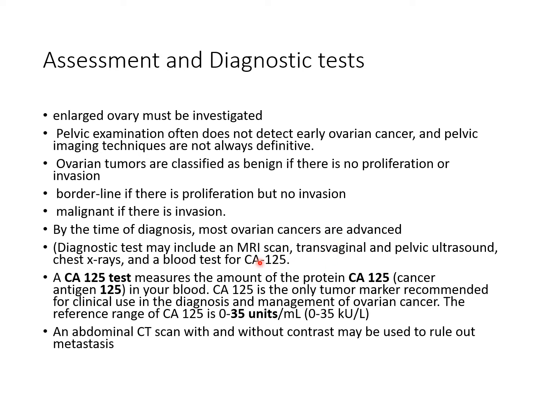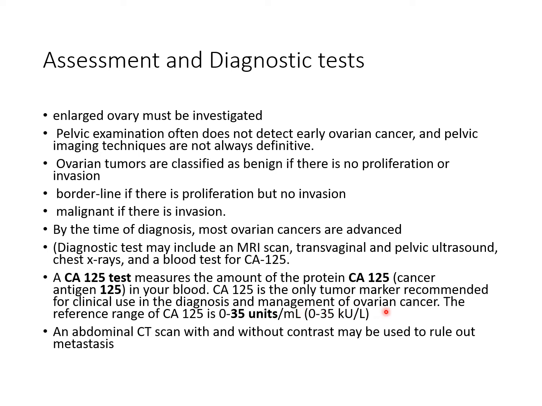Other tests that they can do: MRIs, transvaginal and pelvic ultrasounds, chest x-rays, and a blood test for CA-125. Remember, we've talked about cancer tumor markers already. Here we have what is known as CA-125, cancer antigen 125. This is the only tumor marker that's recommended for the diagnosis and management of ovarian cancer.